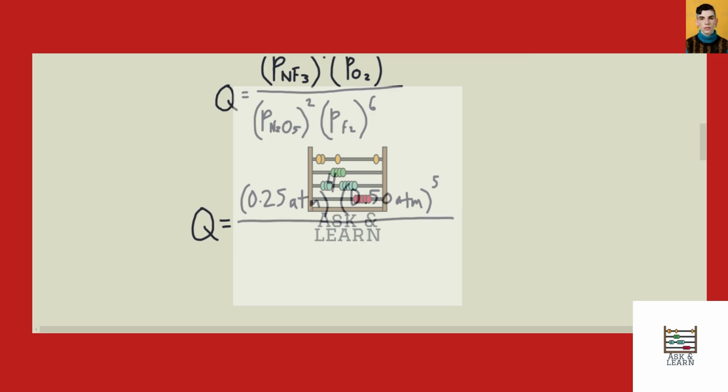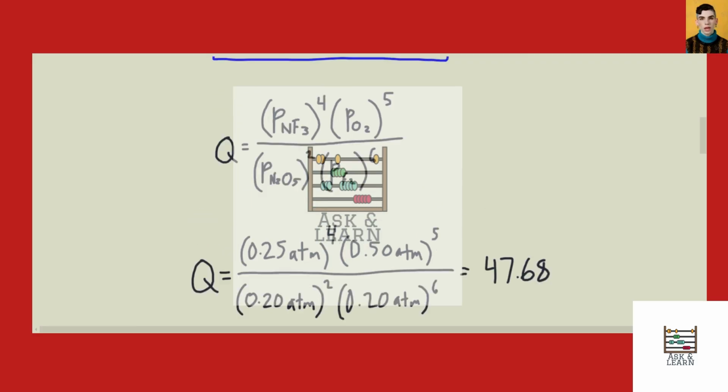Then we divide that by 0.20 atmospheres for N2O5 raised to its stoichiometric coefficient of 2. Finally, 0.20 atmospheres for F2 raised to its stoichiometric coefficient of 6. When we calculate out that ratio, we should get about 47.68, and that is going to be unitless.